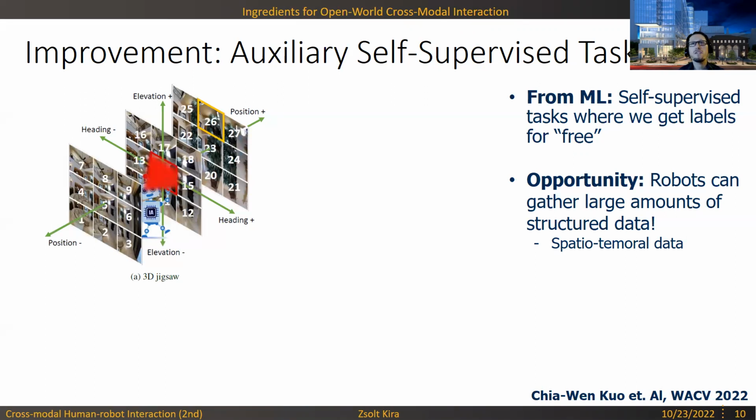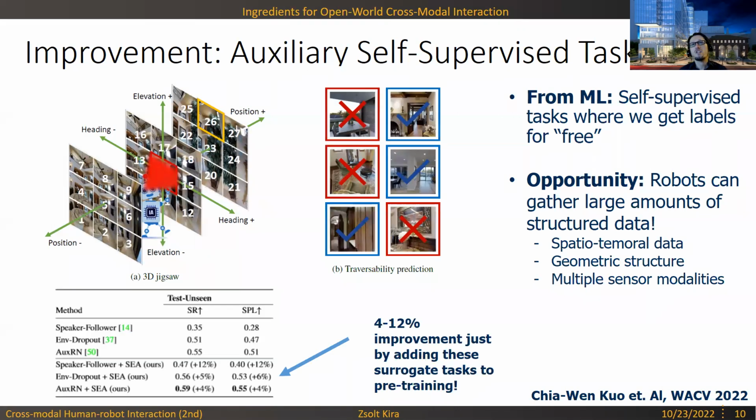So we both took existing self-supervised methods such as MoCo V2, but also designed some interesting embodied self-supervised learning methods. So please do check out the paper, and this led to significant performance gains when added to all sorts of different architectures. So the self-supervised pre-training is actually orthogonal to what you actually use to navigate.